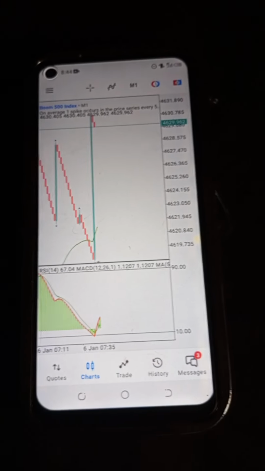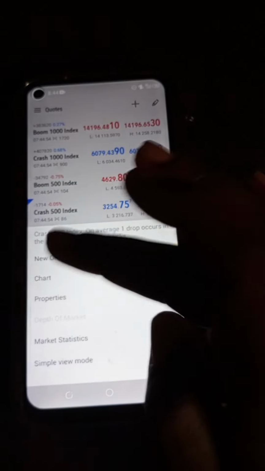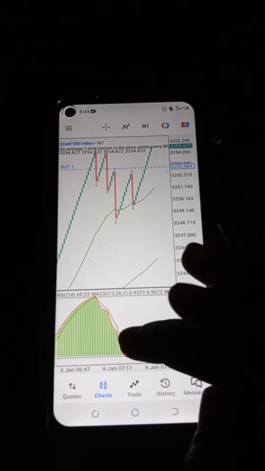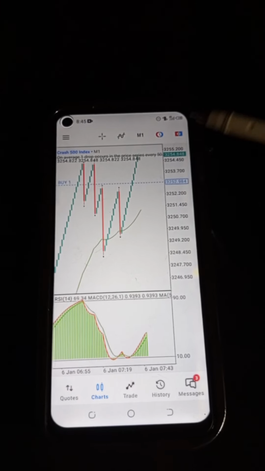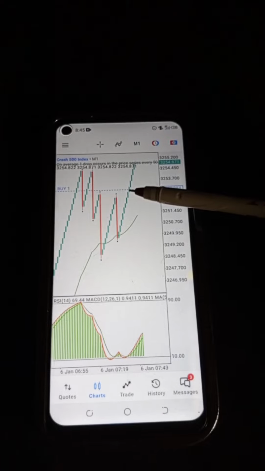So guys, I don't know. Okay, but Boom 500 is selling, guys. So let's go and check our trade, guys. Have we gotten our 5 candlesticks? Guys, let's count it. 1, 2, 3, 4, 5.